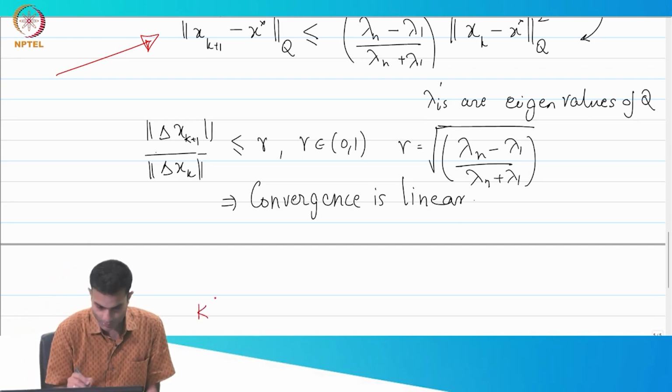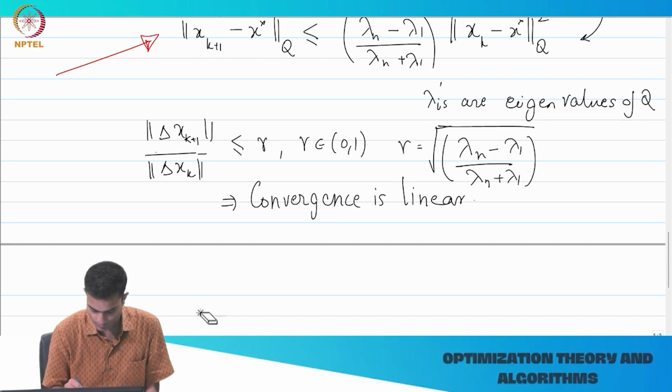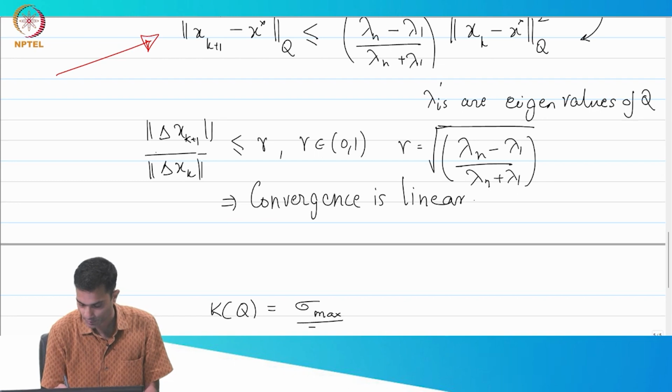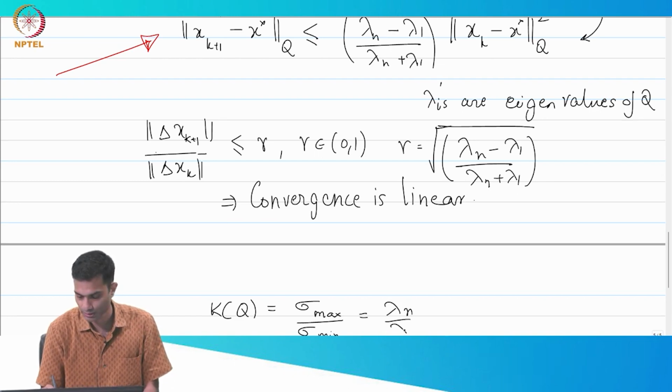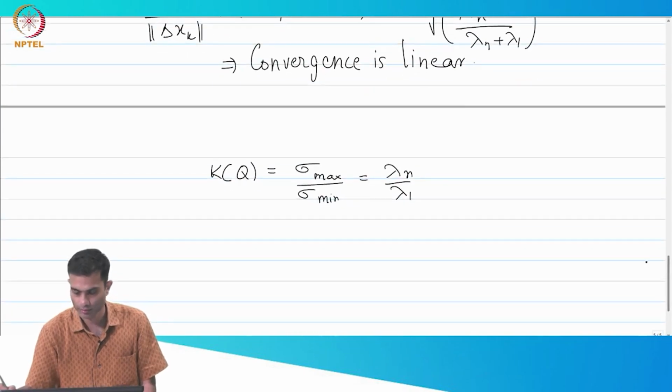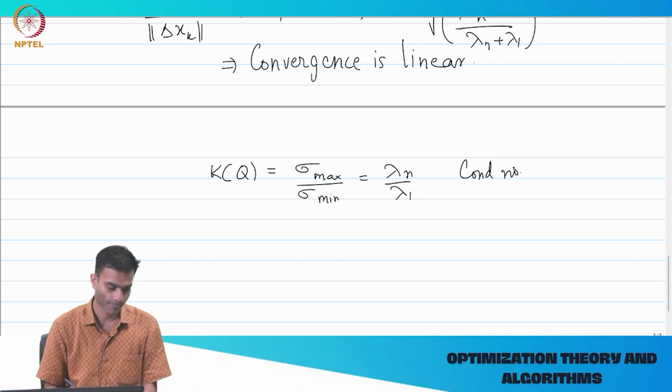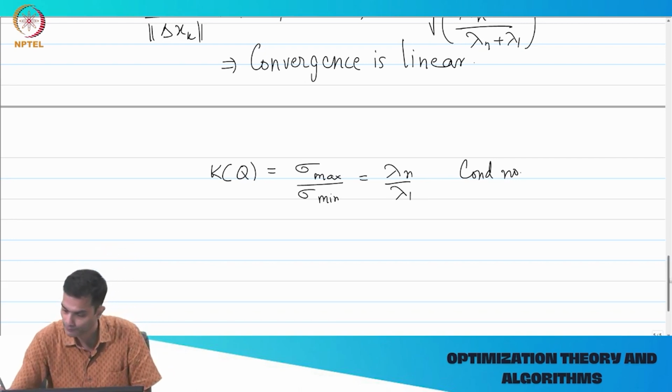The condition number of Q is simply the maximum singular value divided by the minimum singular value. Okay.